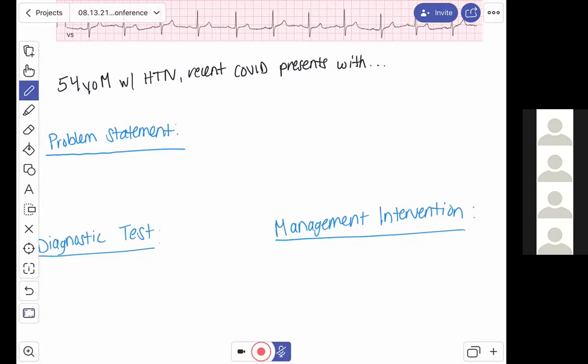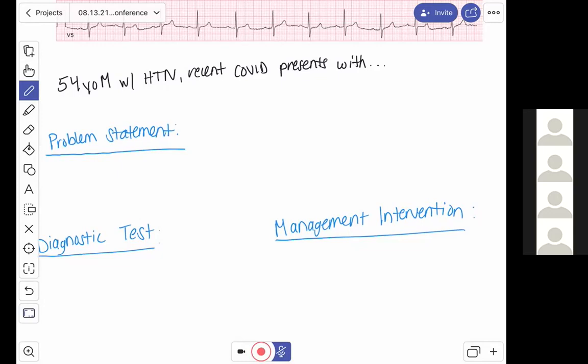Okay, so let's start off. So table 1, anybody want to offer me a problem statement for this gentleman? Yeah. Sorry, did you say problem statement? Yep. So what would be in your assessment and plan, your overarching problem statement for this gentleman coming in?